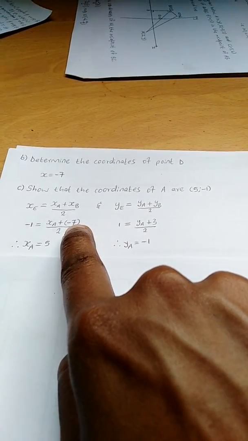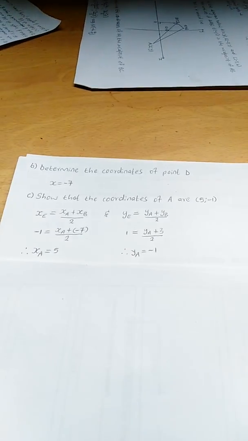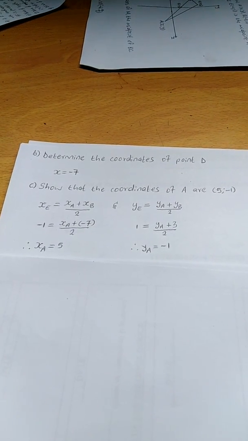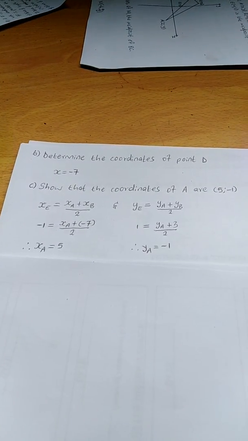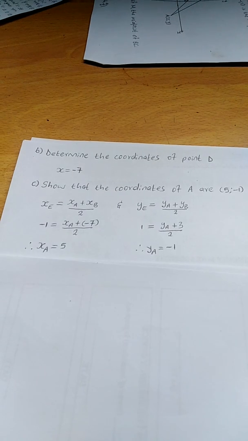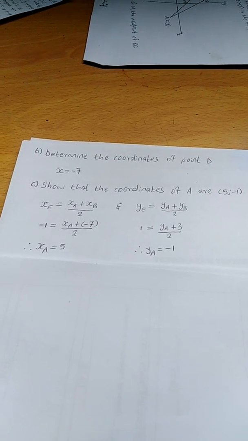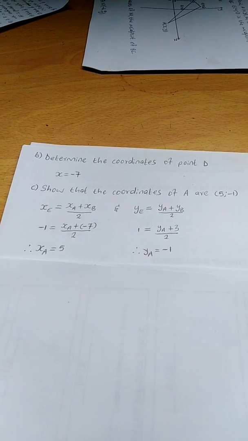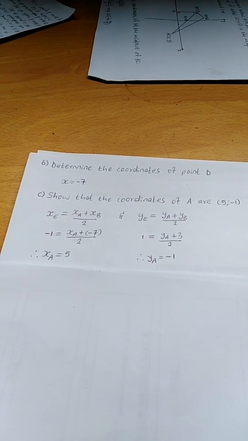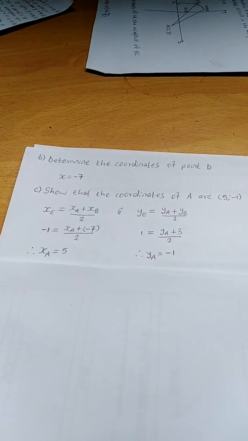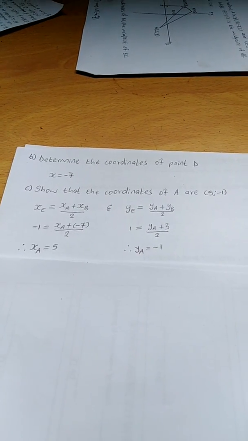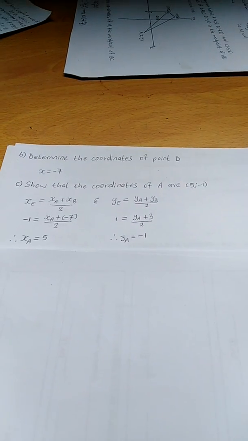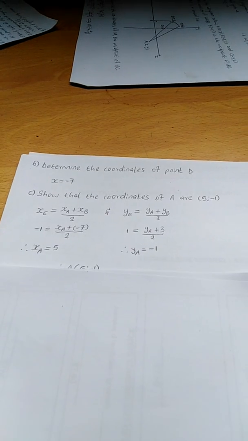So if you manipulate this formula, you times by 2 on both sides, then add 7 on both sides, or alternatively, usually you guys like saying you transpose -7, so you're gonna have -2 plus 7, which gives you 5, and you do the same thing for y to find y of A. So if you write that as coordinates, your A becomes 5 versus -1.